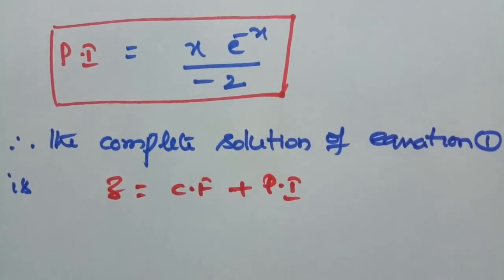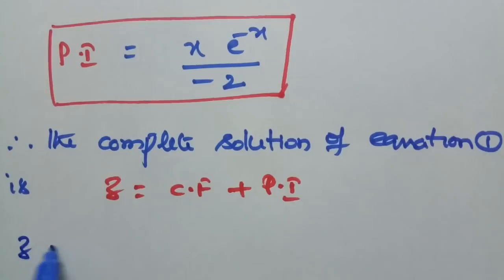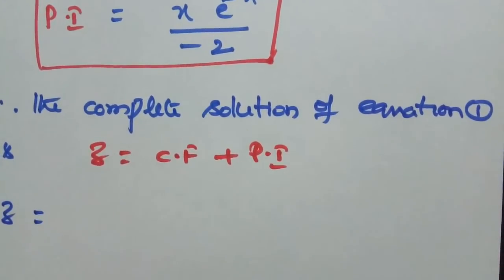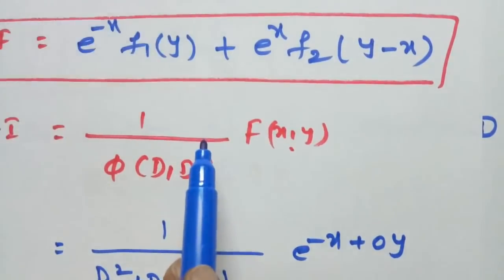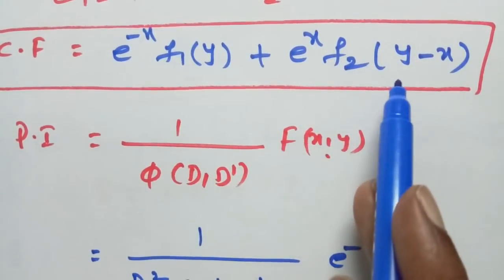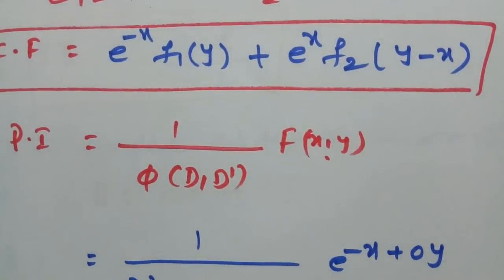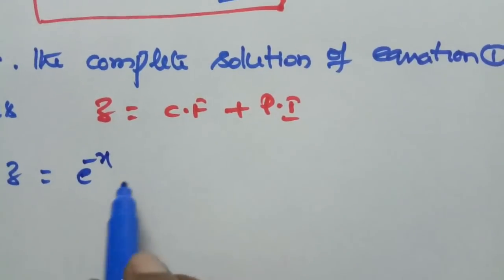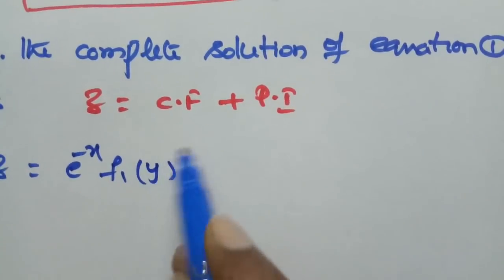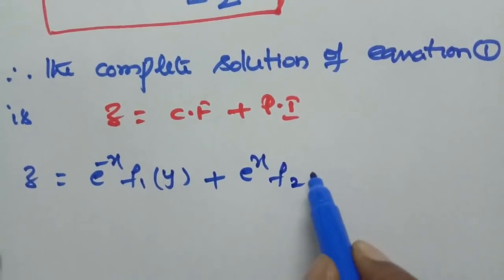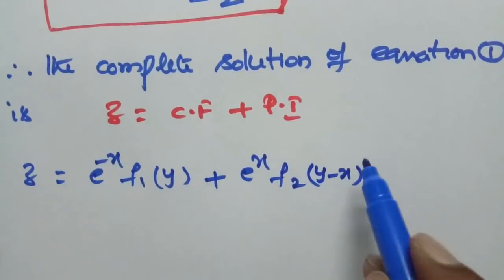Therefore, z is equal to the complementary function: e to the power of minus x into f1 of y plus e to the power of x into f2 of y minus x.